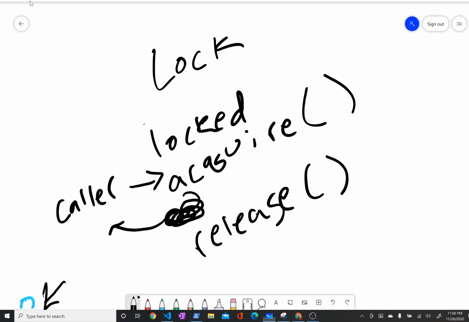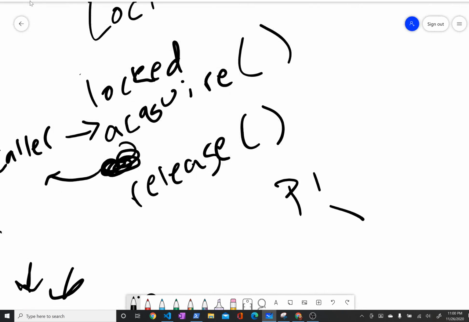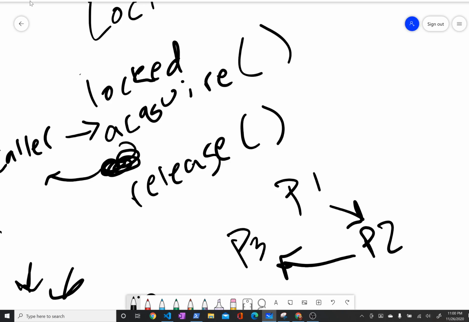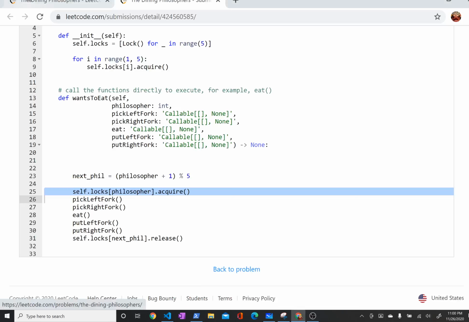Or if philosopher 1 is waiting on philosopher 2 to unlock something, and philosopher 2 is waiting on philosopher 3 to unlock something, and philosopher 3 is waiting on philosopher 1 to unlock something, you can just create this kind of deadlock where everybody's waiting on someone else, and so nothing ever gets unlocked. And my solution of just letting one philosopher eat at a time means that this can't happen. So it's simple, but of course it's slow.